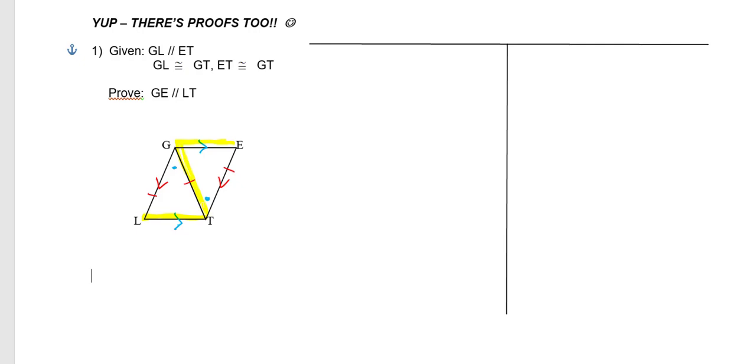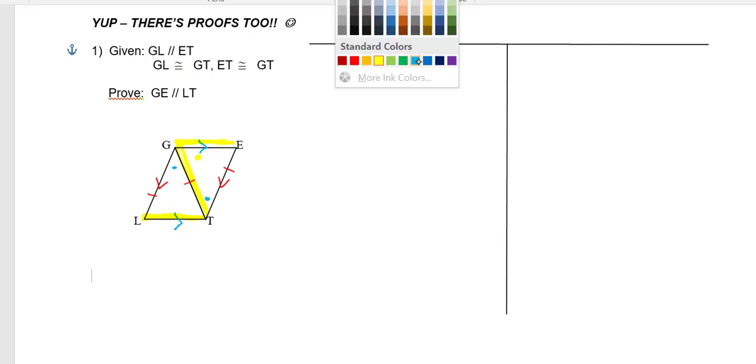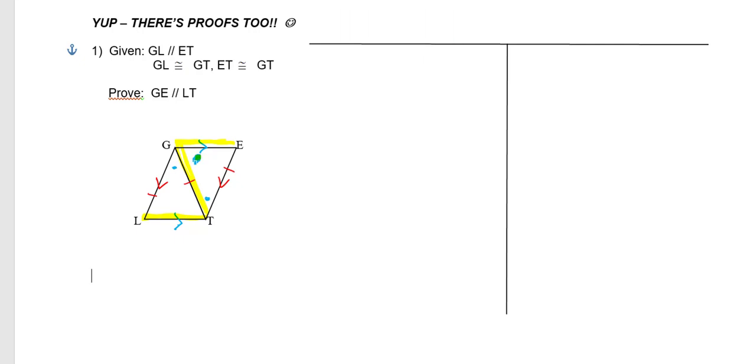Hopefully you can see that this angle right here, let's try a different color here, to this angle right here and this angle right here are really the angles that you need in order to show that GE is parallel to LT. So let's see if we can get there using what we know about writing proofs.